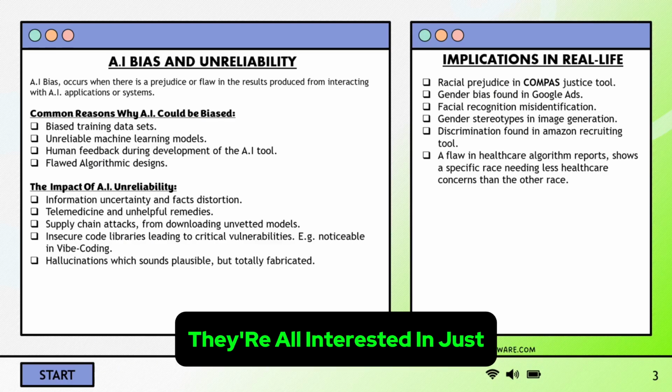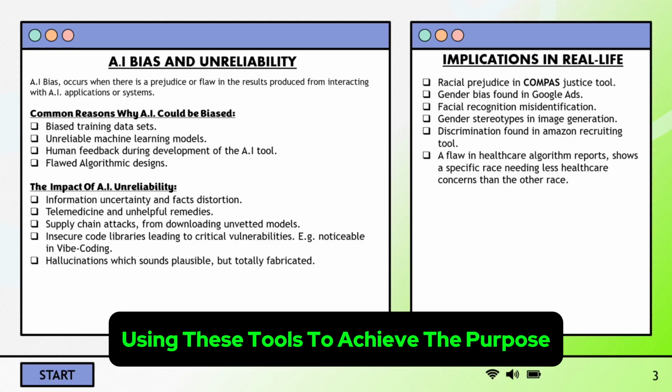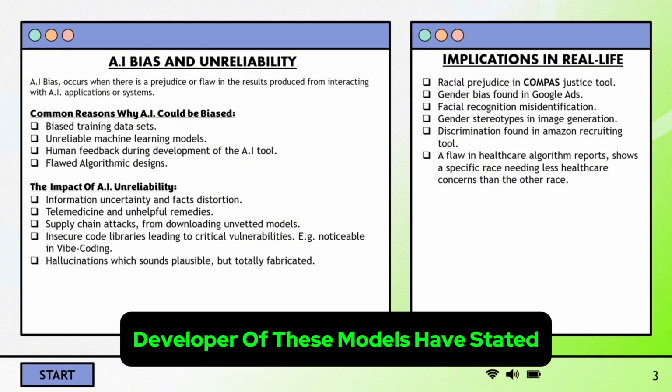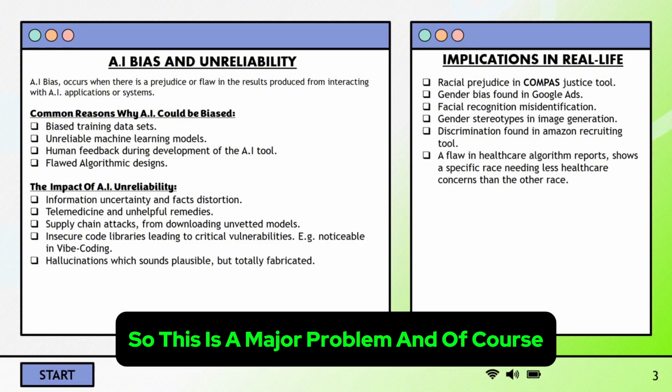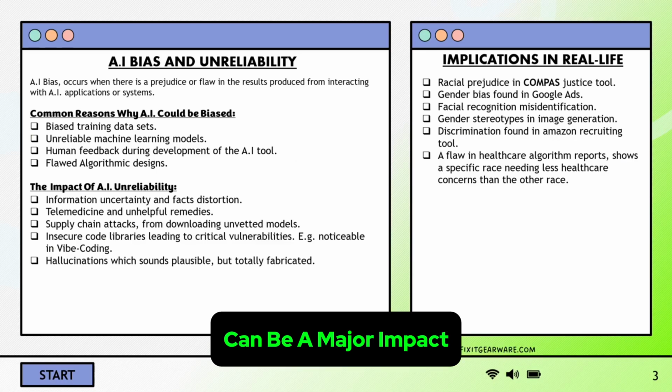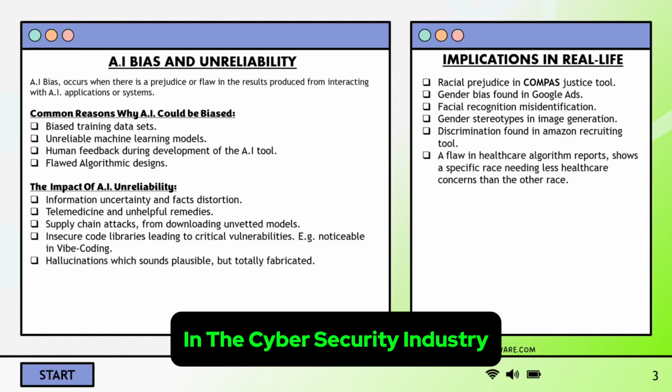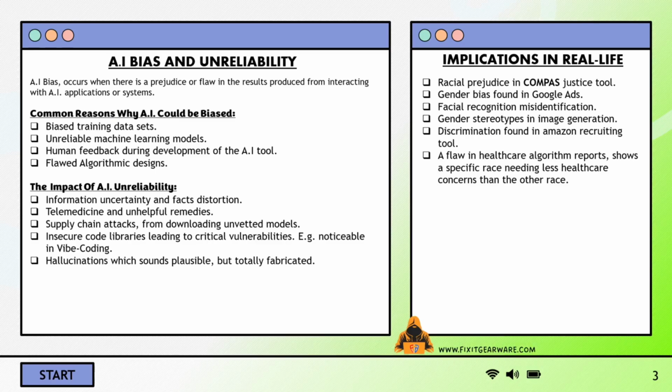They're all interested in just using these tools to achieve the purpose which the acclaimed developer of these models have stated. So this is a major problem, and of course can be a major impact that could lead into a disastrous one in the cybersecurity industry.